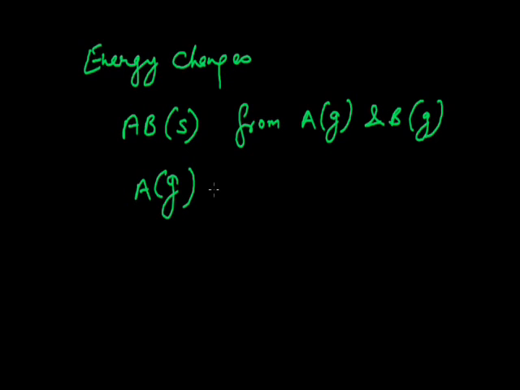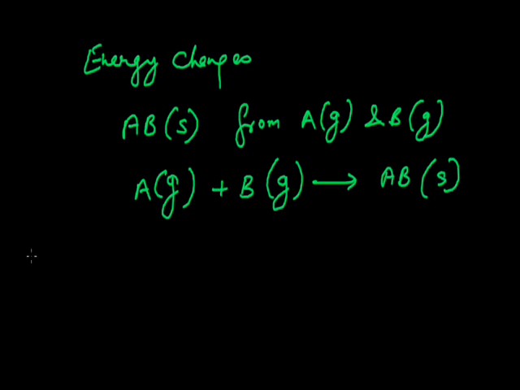A in the gaseous form is combining with atom B in the gaseous state, leading to the formation of compound AB in the solid form. The formation of ionic compound from the gaseous atoms is considered to be taking place in 3 steps.